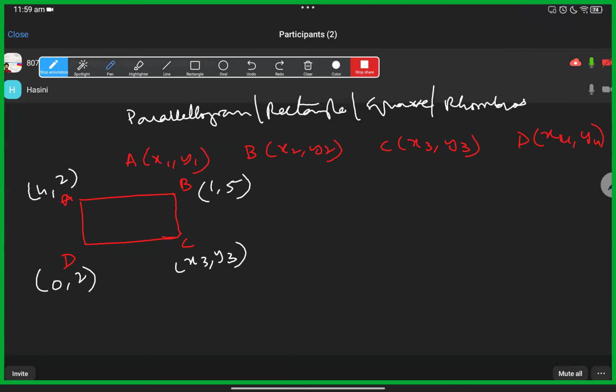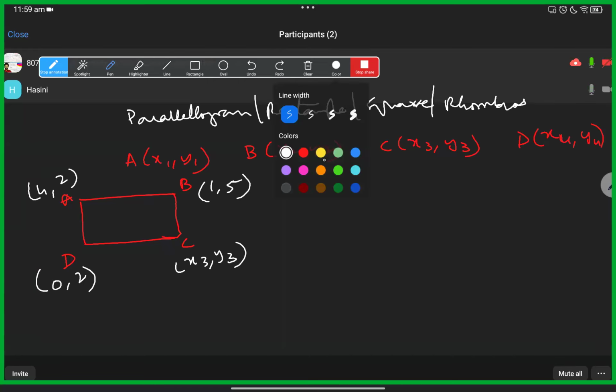Lastly, they'll give us 3 out of 4 vertices, and they'll ask us to find the fourth one, or any of them.